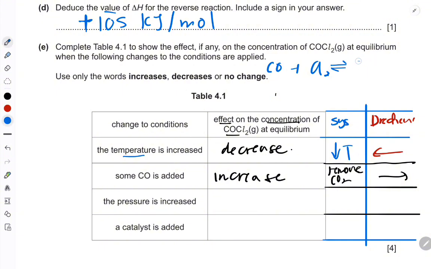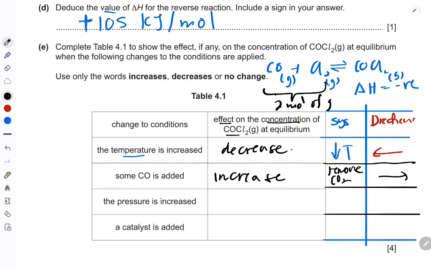Okay, now let me get rid of all this other stuff for now before we tackle the next question. So COCl2, delta H is negative. Okay, next. If we add pressure, okay class, remember this is gas, this is gas, this is gas. So on the left we have a total of 2 moles of gas. Only gas for pressure. Here we'll have 1 mole of gas. On the right, 1 mole of gas.